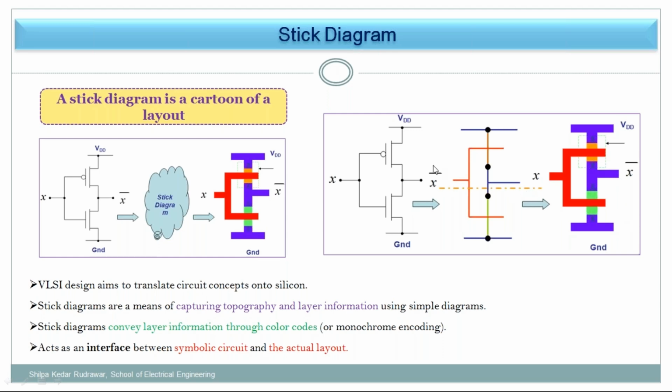In between, whatever is there is the stick diagram, and these colors are very important and play a very important role. VLSI design aims to translate a circuit concept onto silicon, because I have drawn it on paper, but I need to fabricate that particular device. To fabricate that device, I need to finalize the W/L ratio, the width of the source, drain, connection.